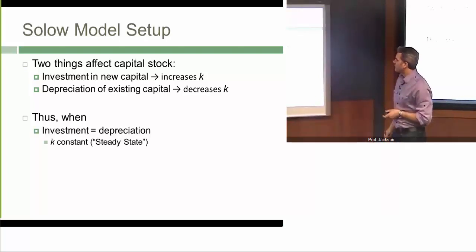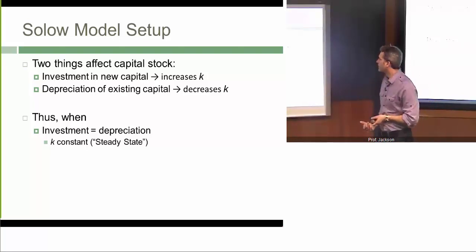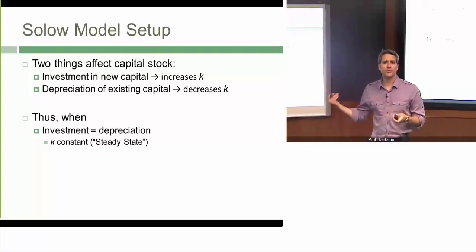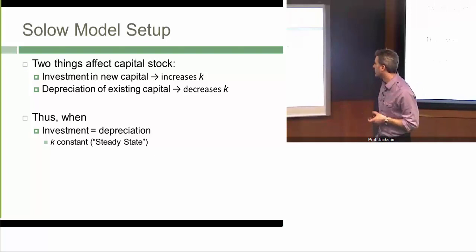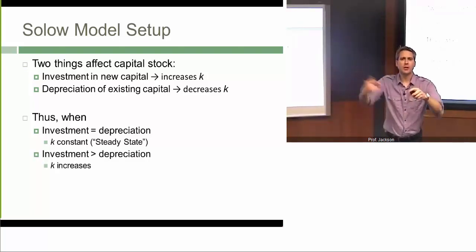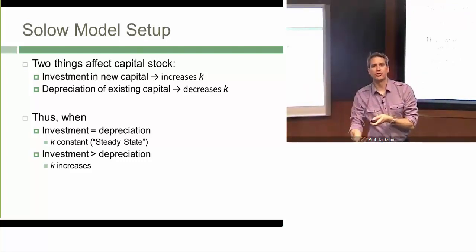It turns out when we have investment exactly equal to depreciation, then the capital stock is going to remain constant, and what we'll see is that that's going to characterize what's referred to as a steady state in this model. If we have investment greater than depreciation, that means that we're adding to the capital stock more than what's being drained away by depreciation.